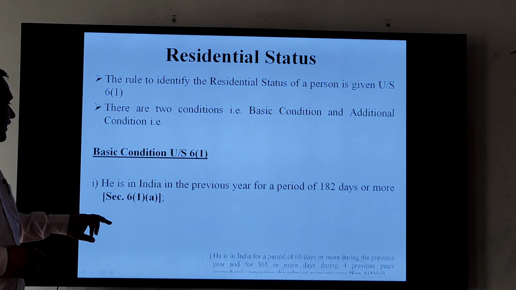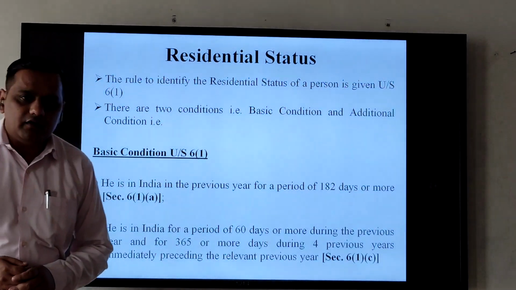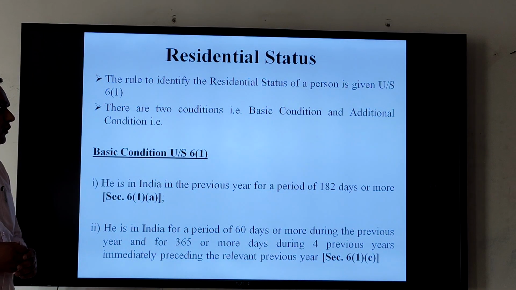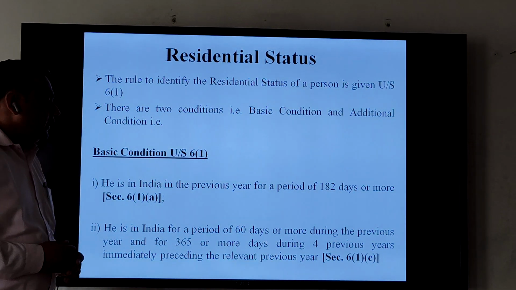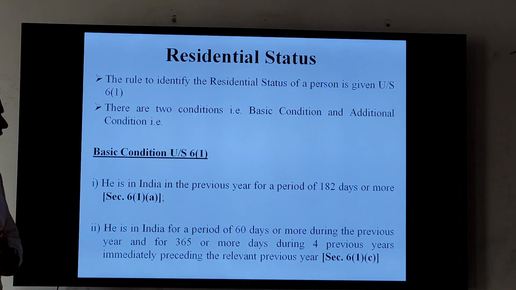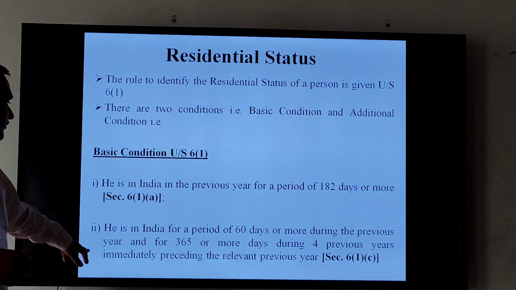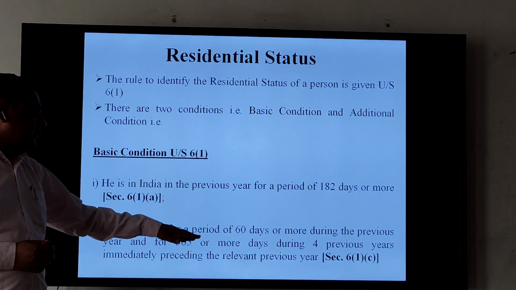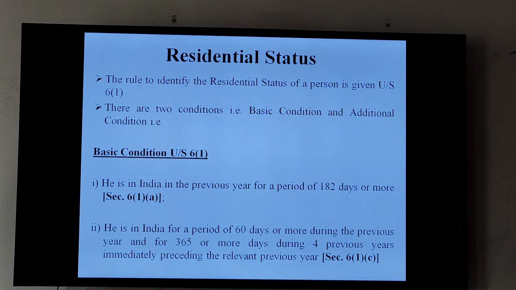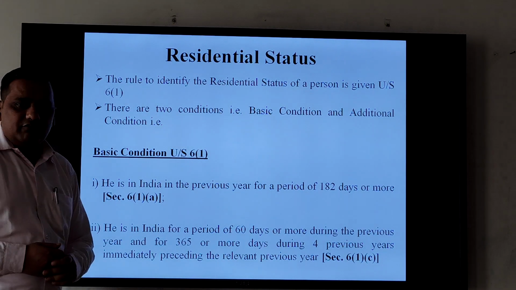Basic condition is divided into two parts, that is a person must be in India during the previous year for a period of 182 days or more. Second condition is he is in India for a period of 60 days or more during the previous year and for 365 or more days during the 4 previous years immediately preceding the relevant previous year.